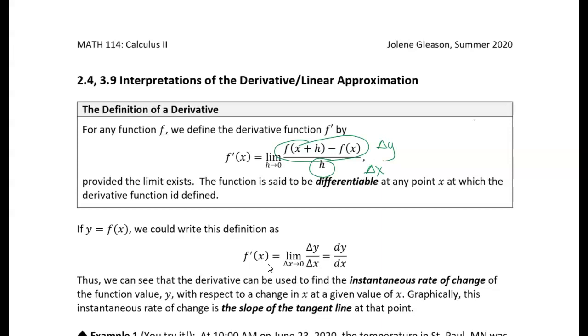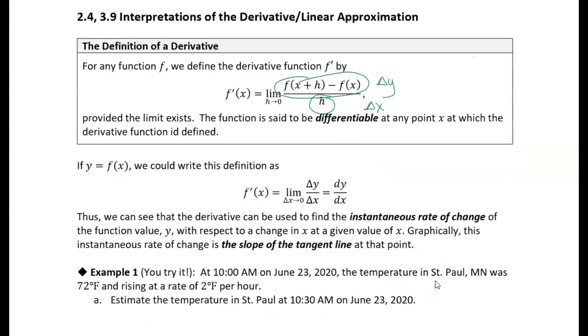So we can see that the derivative can be used to find the instantaneous rate of change for a function with respect to an independent variable x. And in graphical form, that instantaneous rate of change represents the slope of the tangent line at that point.